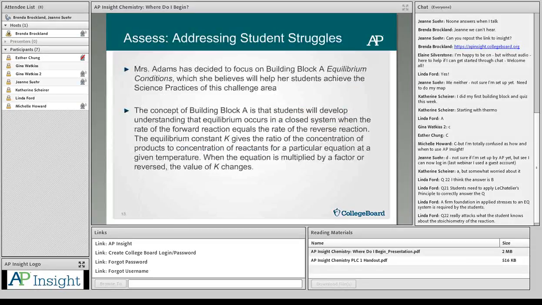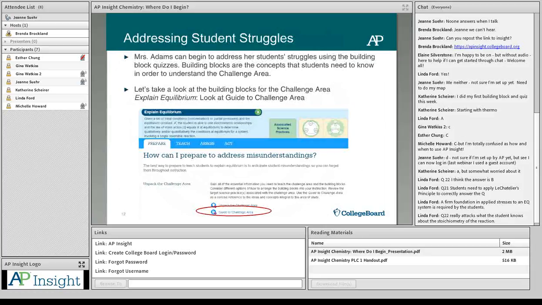Okay, so you want us to open under the Prepare? Correct. Big idea 4? Right, it's actually 6. So big ideas, you're going to go to Explain Equilibrium, so the very first one. And you should be in the Prepare tab with Guide to the Challenge Area.